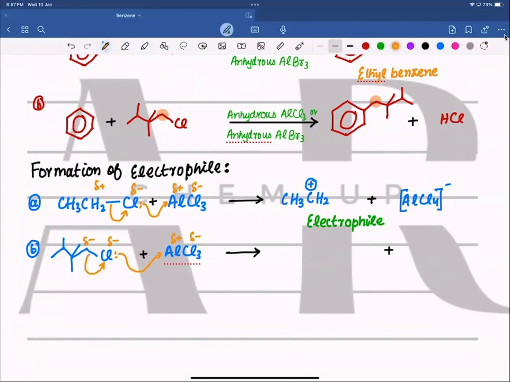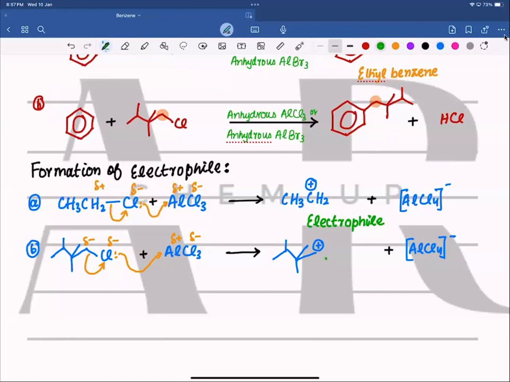So it becomes a negative ion, and when that negative ion bonds with AlCl3, it turns into AlCl4 negative, and the leftover hydrocarbon chain becomes an electrophile because one of the carbons is now electron deficient, as one of its electrons is taken away by the chlorine.